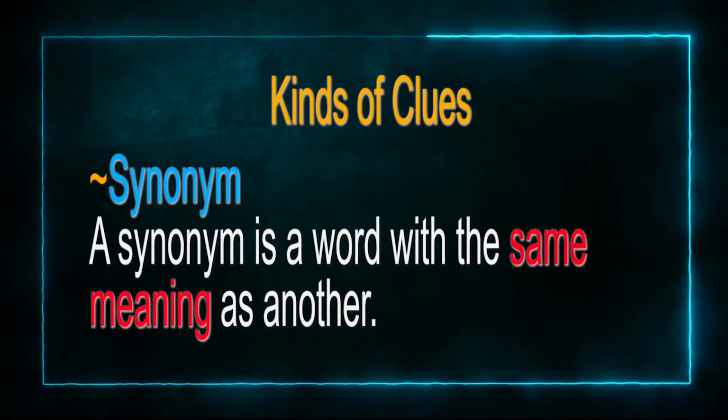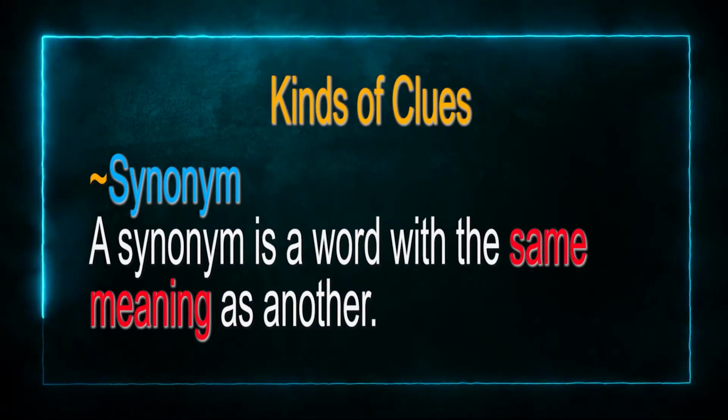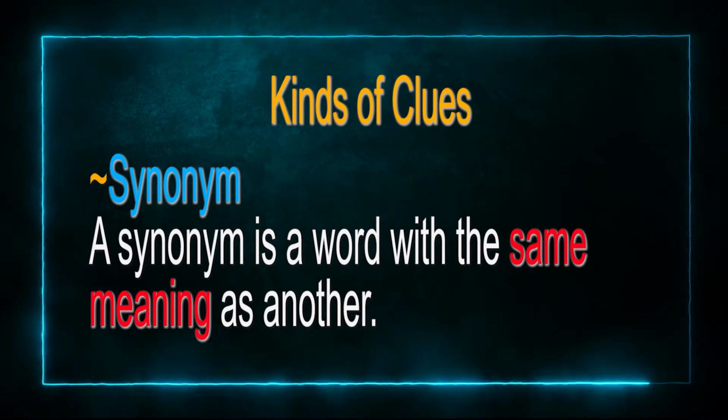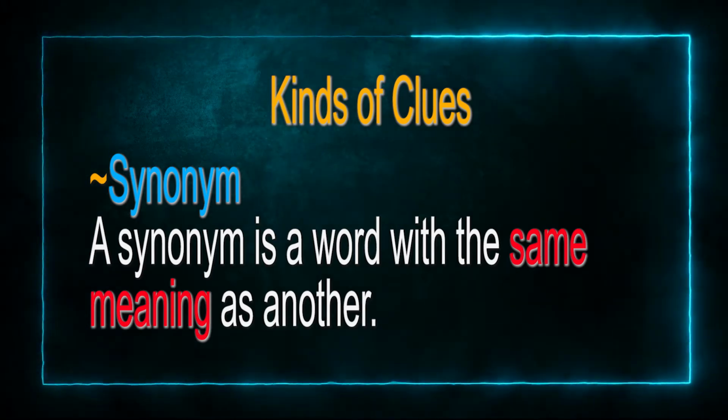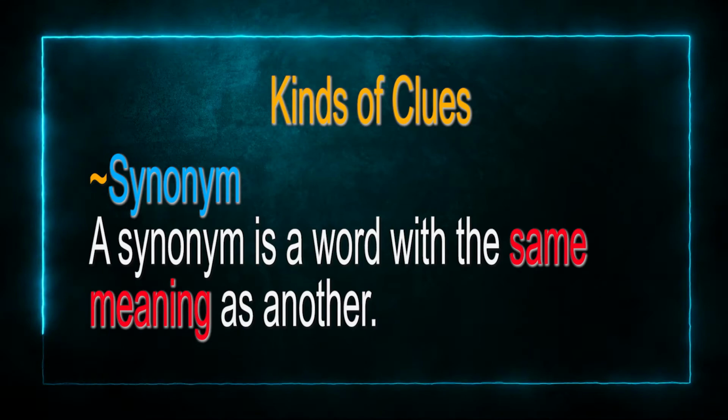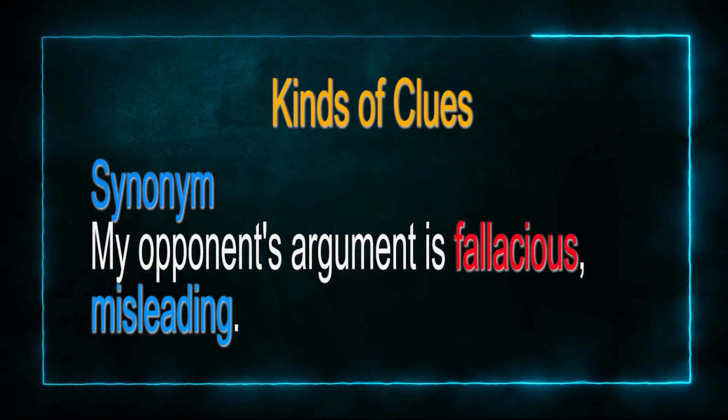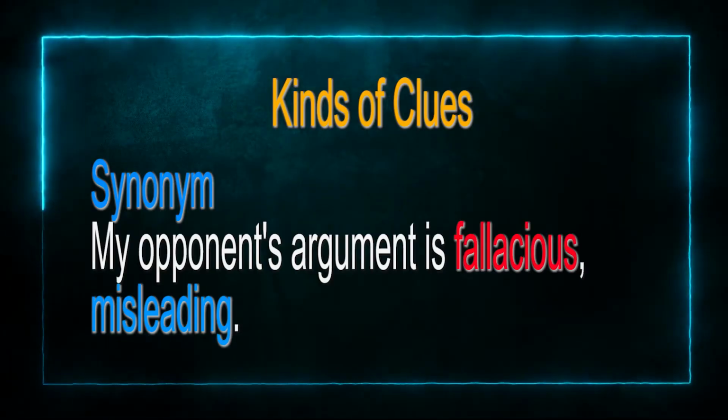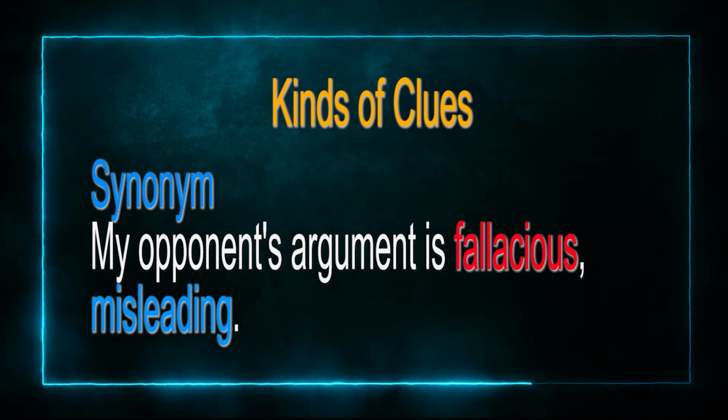The first kind of clue we have is synonym. Now, a synonym, we know, is a word with the same meaning as another. So, in the sentence, you would see that 2 words have the same meaning. For example, my opponent's argument is fallacious, misleading.